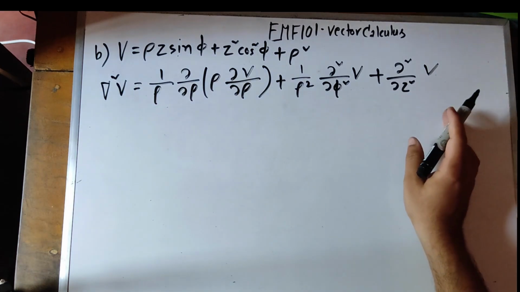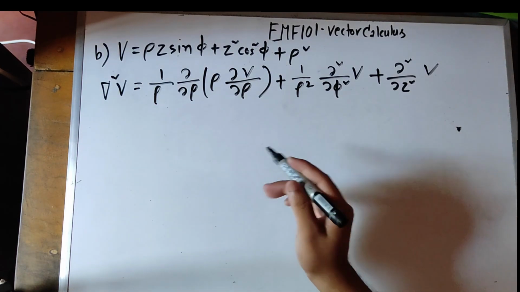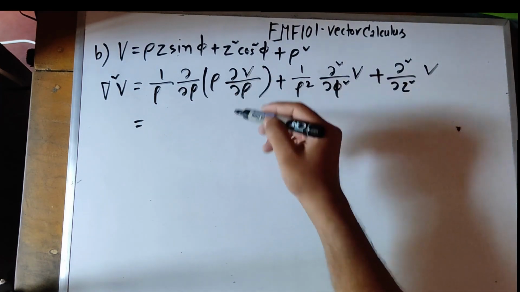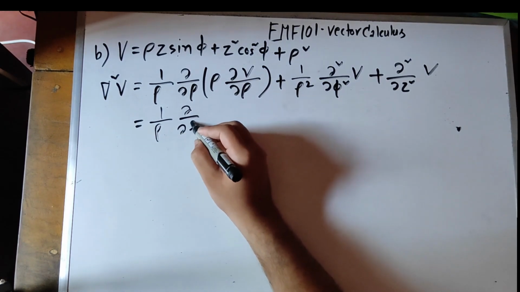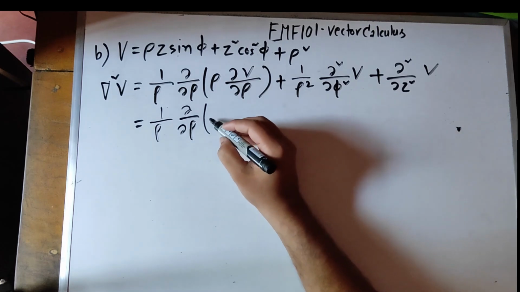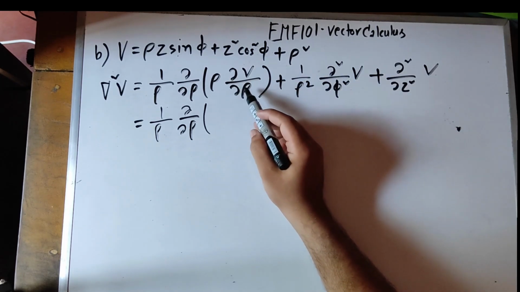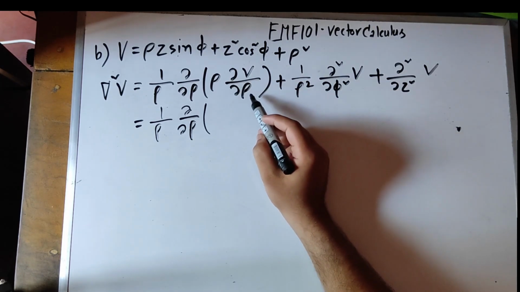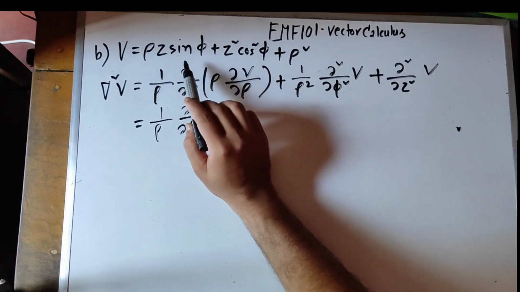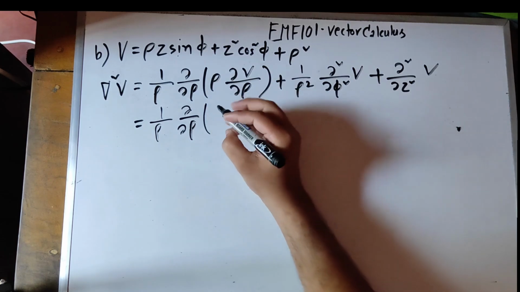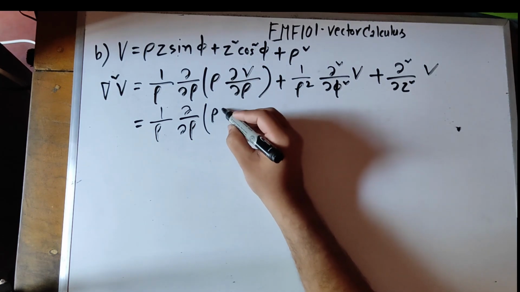So this is the formula in cylindrical coordinate systems. Now we just have to directly take the value. So partial differentiation in terms of rho of the scalar field. So here is z sine phi.